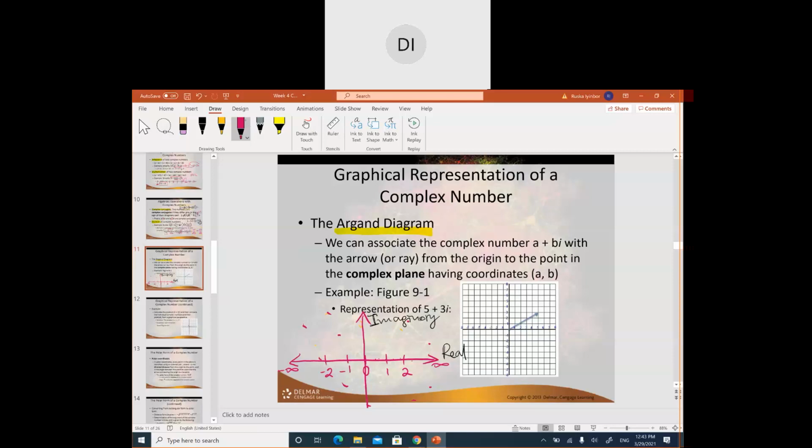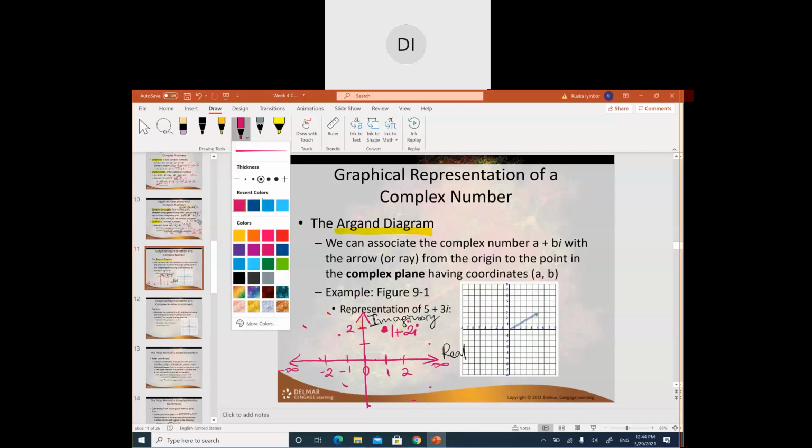Let me show you how. If I pick this point here, its coordinates are x is 1, y is 2, right? So this point has coordinates 1 and 2, and this point represents the complex number 1 plus 2i.